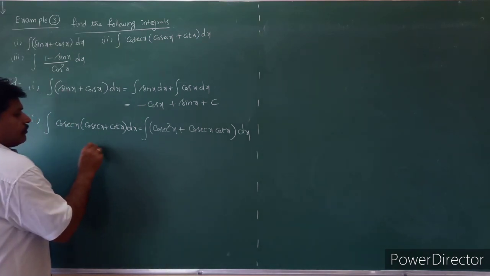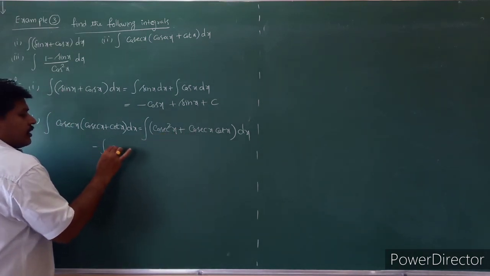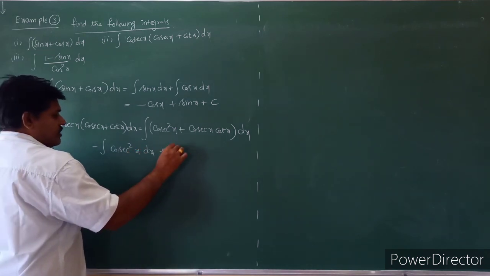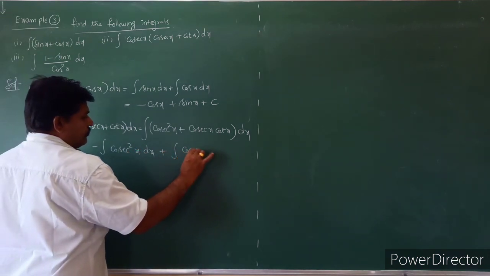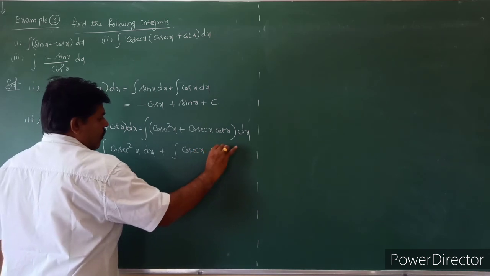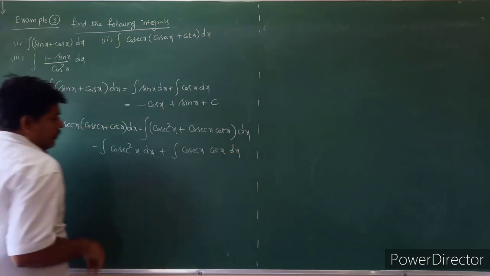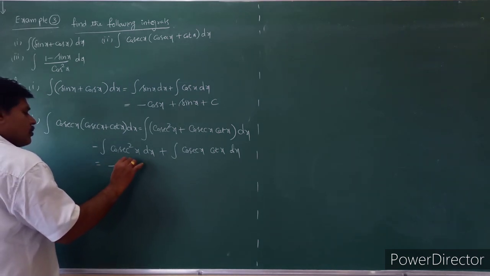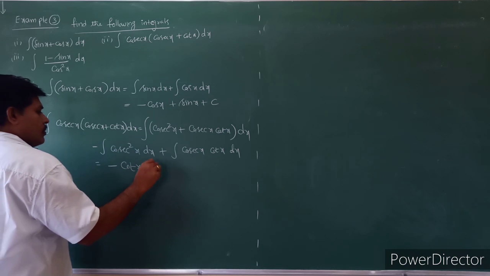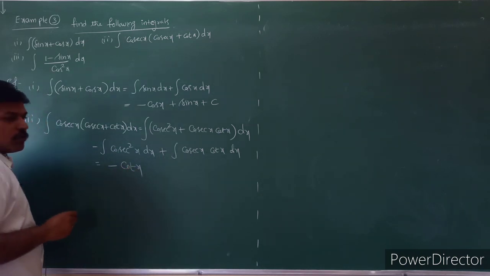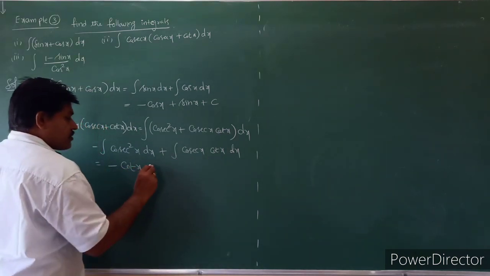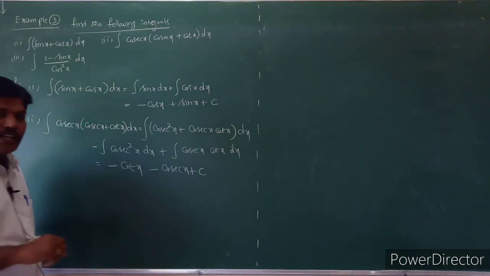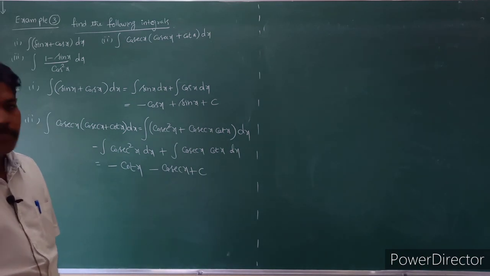So that is equal to, separate the terms, integral of cosecant square x into dx plus integral of cosecant x into cot x into dx. Integral of cosecant square x is minus cot x. Integral of cosecant x into cot x is minus cosecant x plus c.